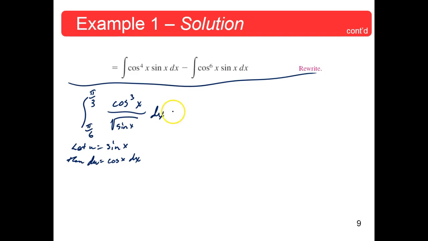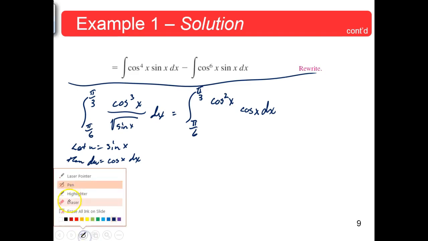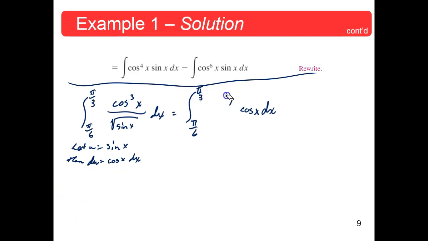So let's rewrite this. I'm taking extra steps here just so hopefully you can see them. Pi 6 to pi thirds. And we're going to have a cosine squared x because we're going to take out a cosine x dx to go with that, right? Now, if you haven't caught on already, I don't like writing things in radicals and actually even in denominators.